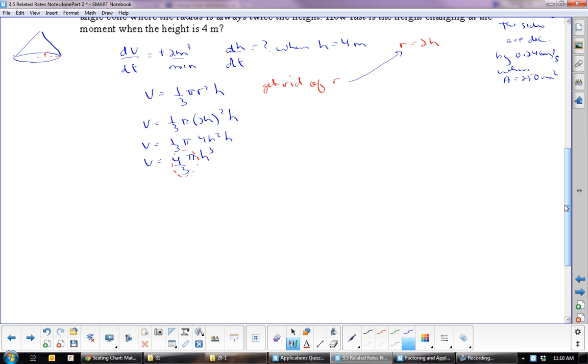Okay. So what should we do next? Do the derivative. What would the derivative look like? dV over dt equals 4 pi h squared dh over dt.